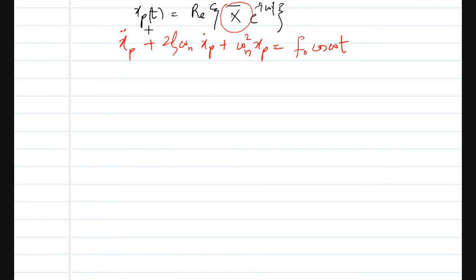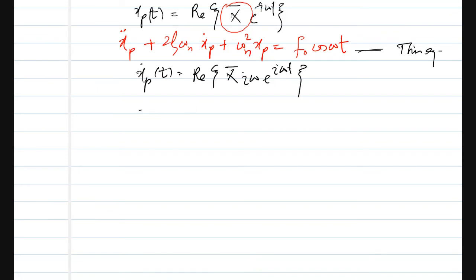Now for putting this function in this equation, what we have to do, first take the derivative. So x dot p of t is nothing but real part of x bar iota omega e iota omega t. And what is x double dot p of t?